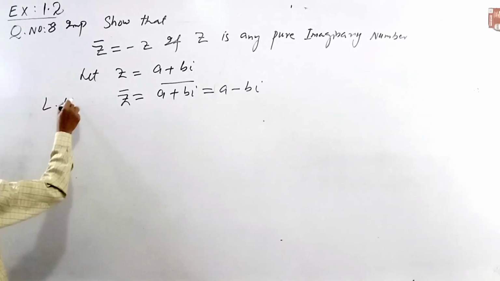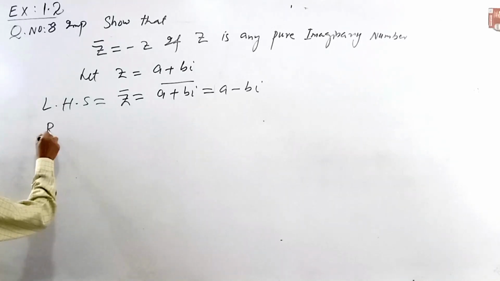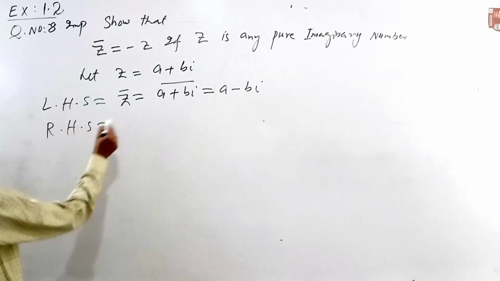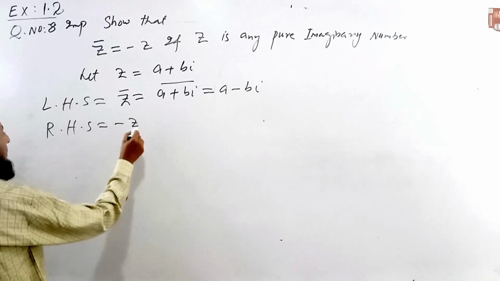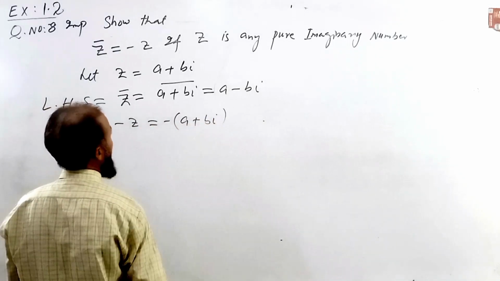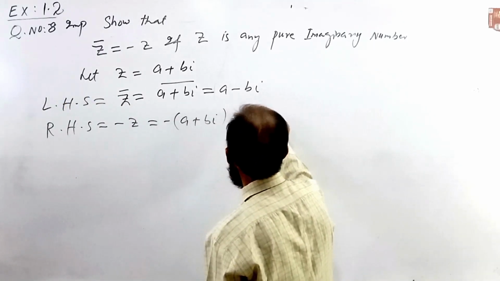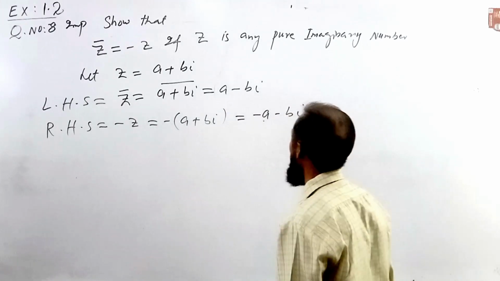So this will be the left hand side, z bar. Taking the right hand side, it is equal to minus z, minus a plus b iota. So here we get minus a minus b iota.